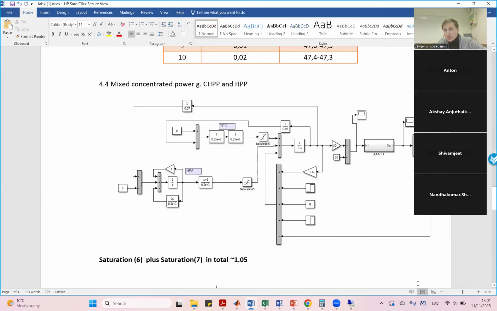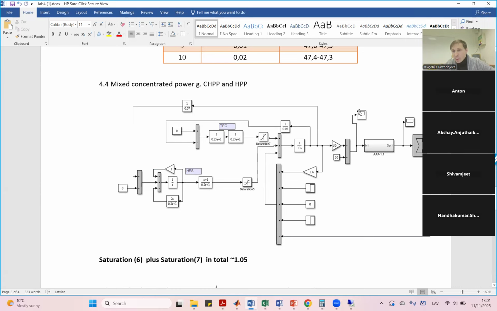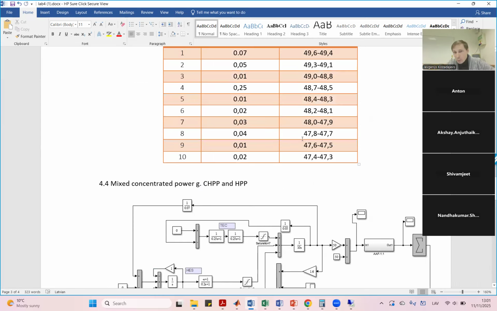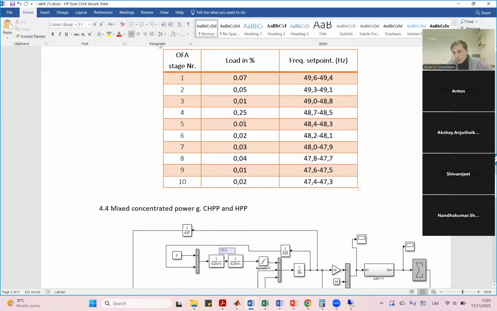You need to make print screens of what is going on with frequency here. This is a scope for frequency. And this is the scope of what your under frequency automation is doing. Here we see in this scope the steps of operation, so at what time, what stage was used.